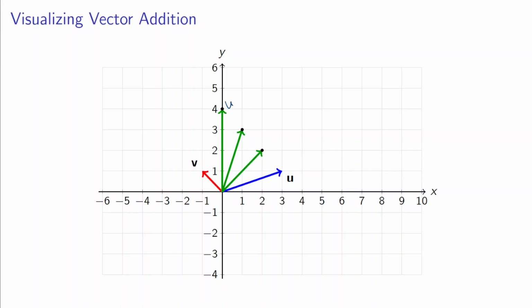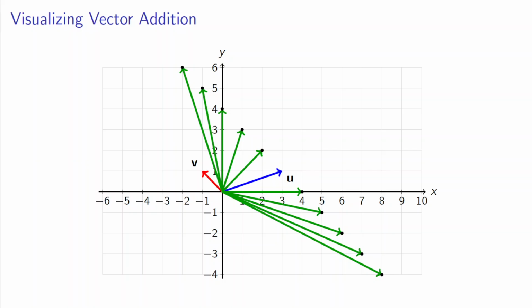This is u plus 3 times v. U plus 4 times v. And then u plus 5 times v. Here's u minus v, u minus 2v, u minus 3v, u minus 4v, and u minus 5v.